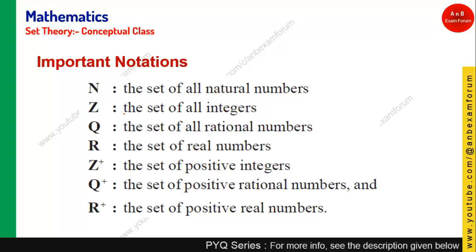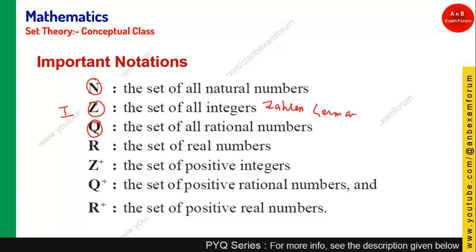So remember, N stands for natural numbers, and Z for all the integers. Now a student can ask me, why didn't I put I? This is a mathematical form. In German terminology, Zahlen means the number, so that's why they have put Z. And again, the set of all rational numbers is represented by Q, not R. Why?